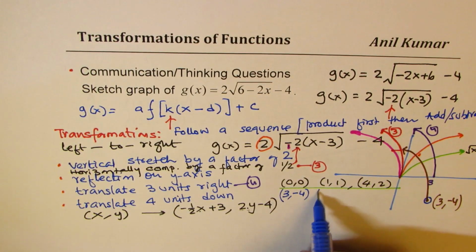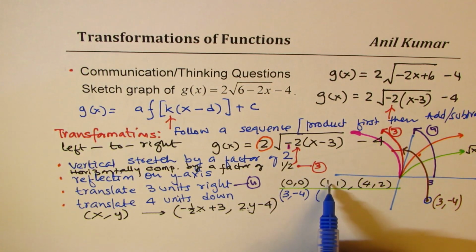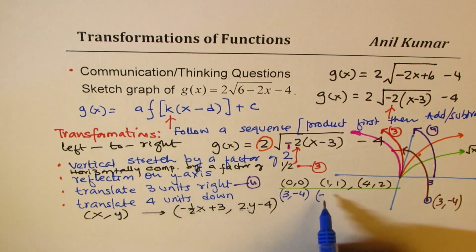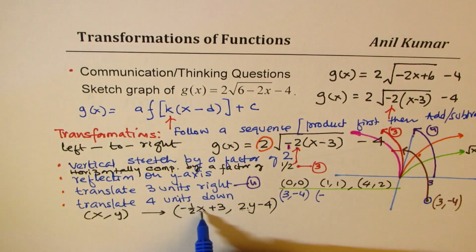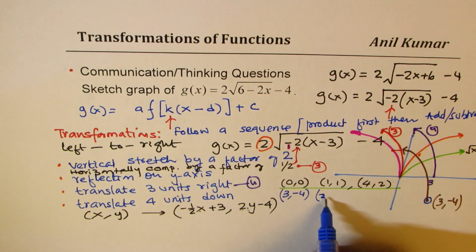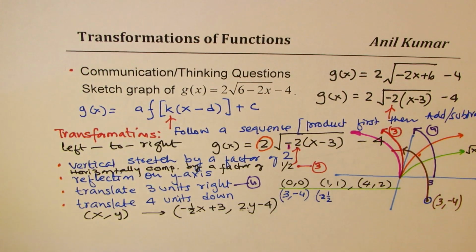Now next point is 1, 1. Minus half plus 3 gives us 3 minus half, right? 3 minus half, which is 2.5. So it gives us 2.5 for x. As far as y value is concerned, it gets multiplied by 2.